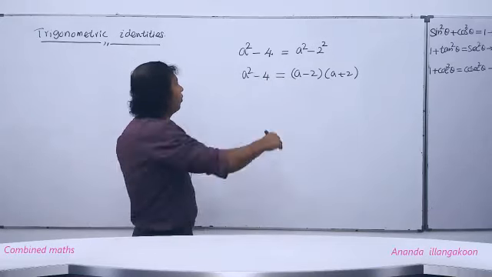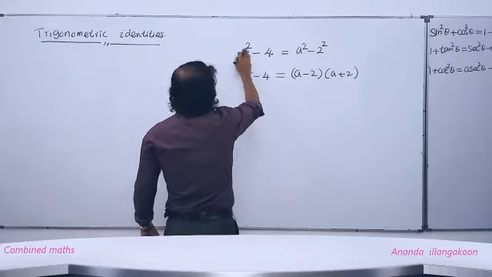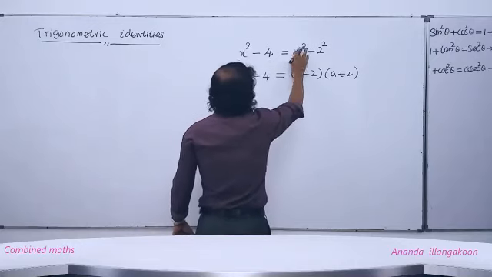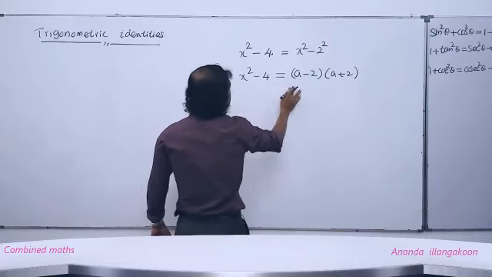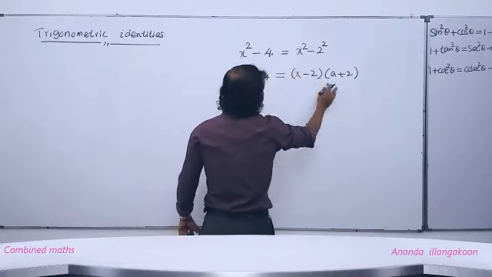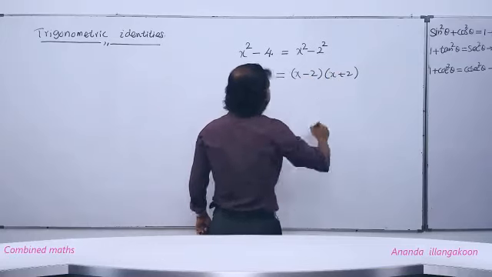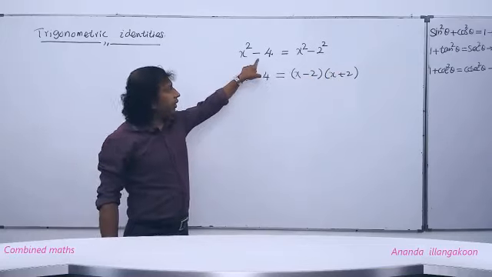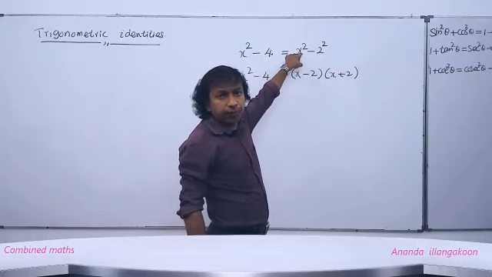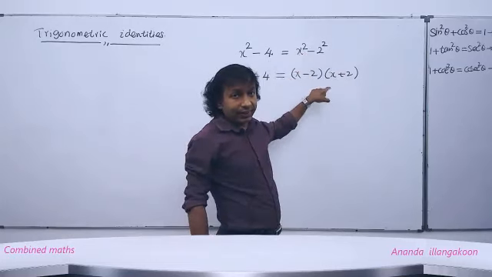If I write a simple x for my convenience, I can write it like this: x squared minus 4 equals x minus 2, x plus 2. Here we have the difference of two squares, and that difference of two squares I can factorize like this.